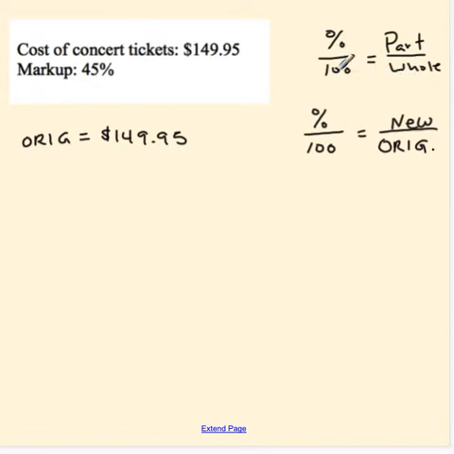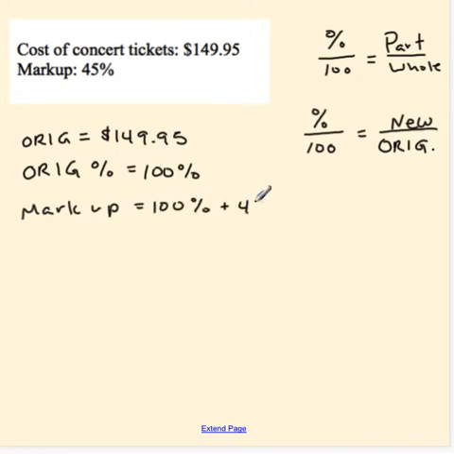Well, it starts at its whole, right? It starts at its original amount. So the original percent is 100%. So if I'm going to mark it up 45%, that's the 100% plus the 45%, which gives me 145%.